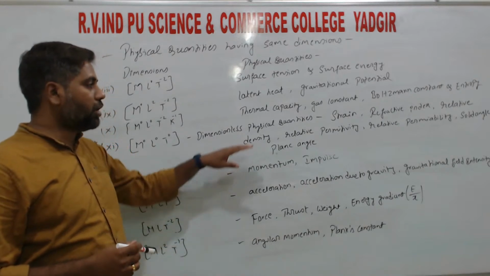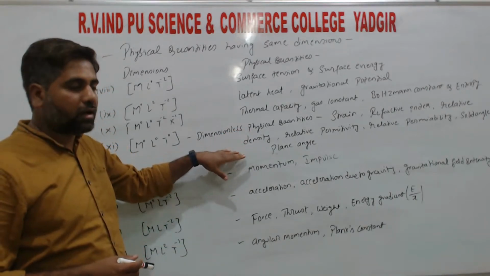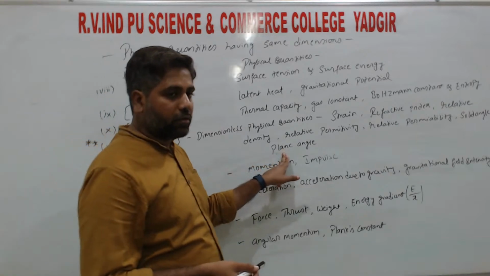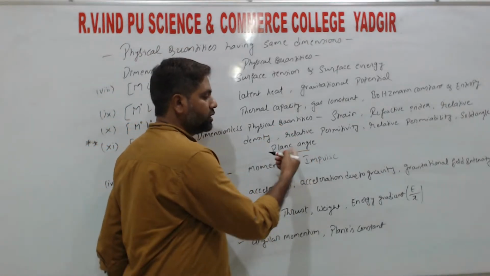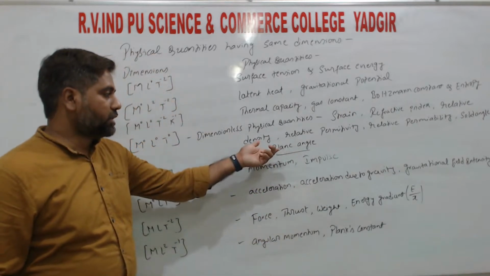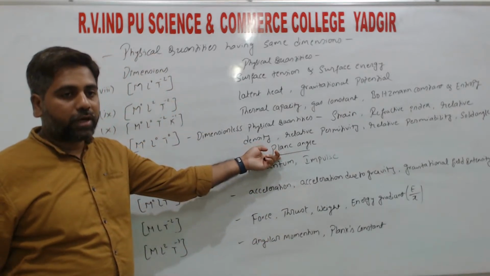That means ಅದಕ್ಕೆ ಯಾವುದೇ ತರದ್ದು dimensions ಇರೋದಿಲ್ಲ, right? So ಇದಕ್ಕೆ ಯೂನಿಟ್ ಇರುತ್ತೆ, ಅಂದ್ರೂ ಕೂಡ ನಮಗೆ dimensions ಇರಲ್ಲ, right? So plane angle is measured by the unit radians.